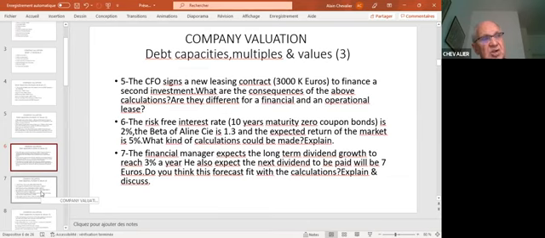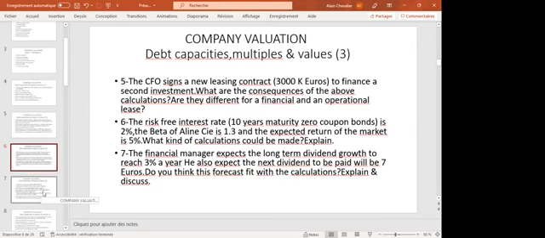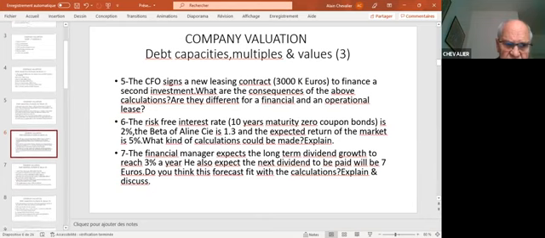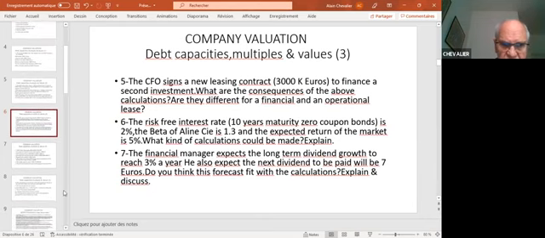We also had discussion on how to use leasing contracts, why to use leasing contracts, and how to take them into account in the design of the financial policies.